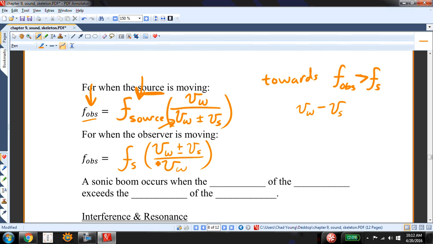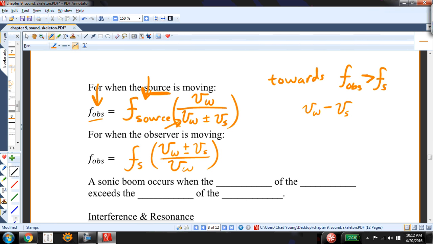And similarly here, you think about, do I use plus or minus? And you think about, is f obs bigger than or less than f of the source? So, for example, if the observer is moving towards the source, then the observed frequency will be bigger than the actual frequency in exactly the same way.